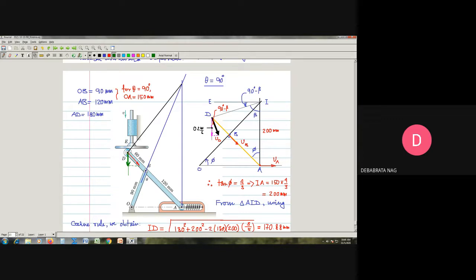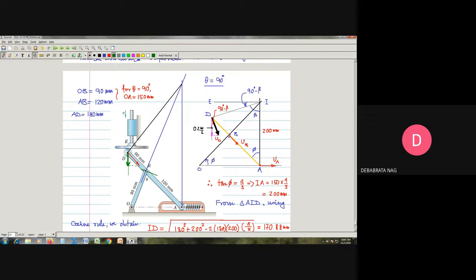You see, this is your point A. So this line is drawn, which is 90 degrees to this line, and this OB, because we have seen that the direction of velocity of point B will be perpendicular to this line OB.